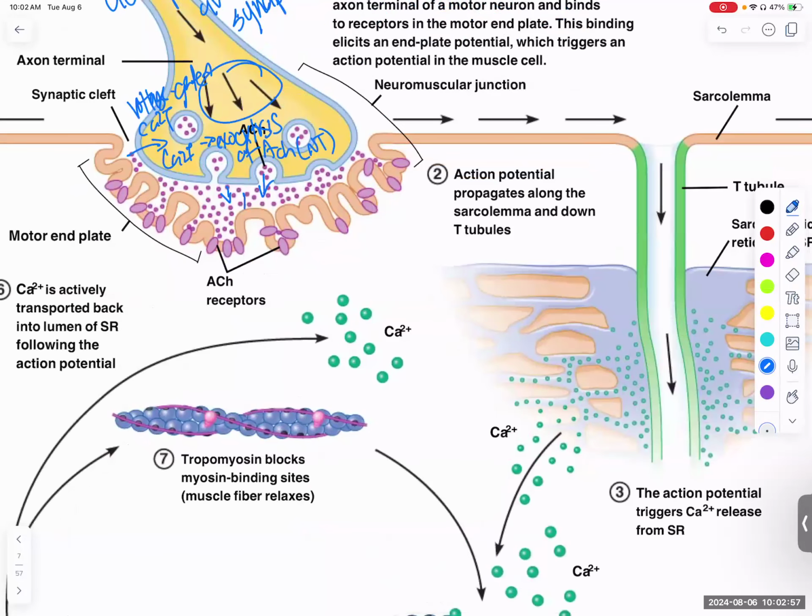Acetylcholine is now in the synaptic cleft, and you have these acetylcholine receptors. These are ionotropic.